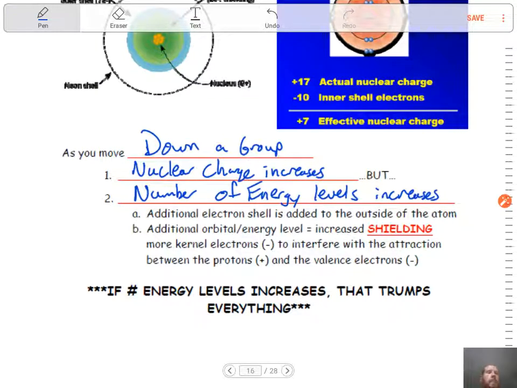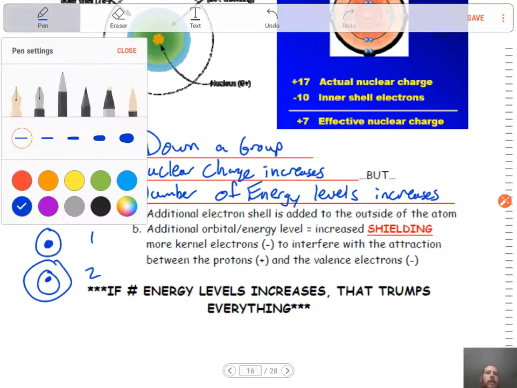All right, so that means now you have an extra ring going around the nucleus as you go down. So this would be group 1. Group 2 is going to look something like this. Okay, so you start to get further and further away as you go down a group.